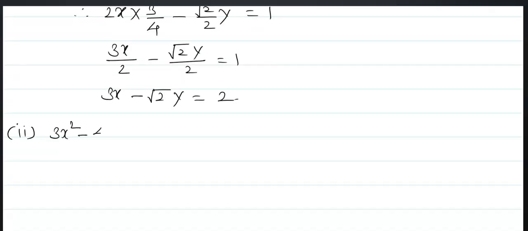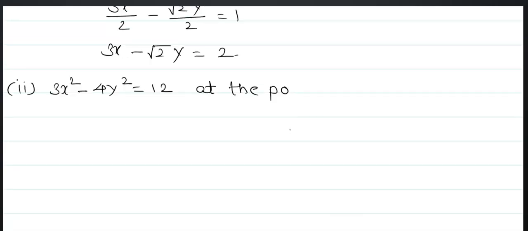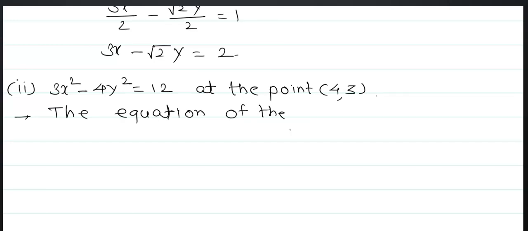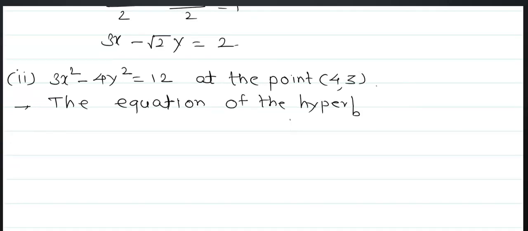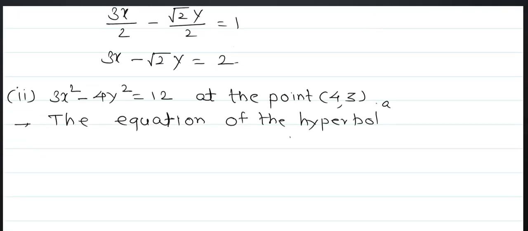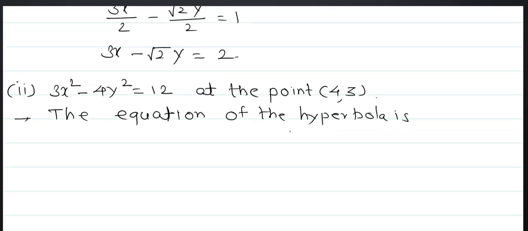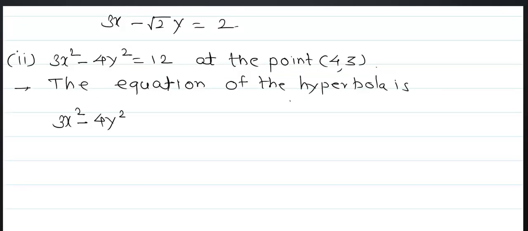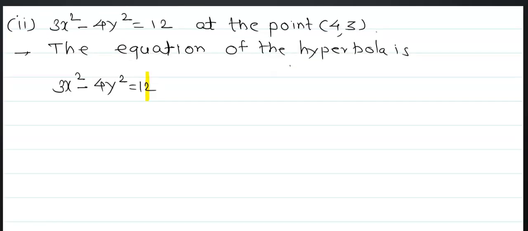Second, 3x square minus 4y square is equal to 12 at the point 4, 3. Now the equation of the hyperbola is 3x square minus 4y square is equal to 12.